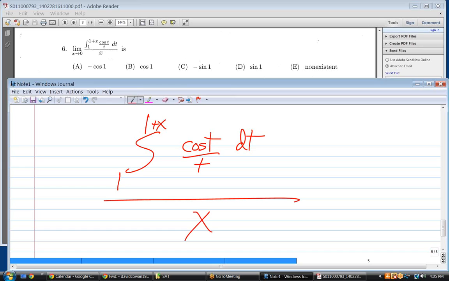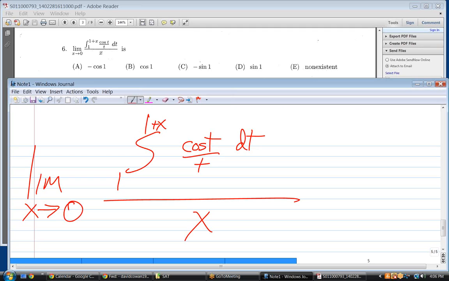Well, the first thing I notice is that x is going to 0. That would mean that if the numerator does not go to 0, this thing's going to go to infinity. However, if the numerator bounces back and forth between -1 and +1, I don't know what it goes to.